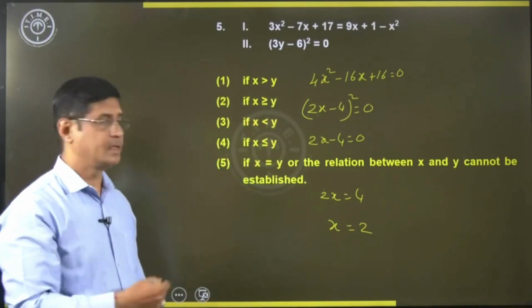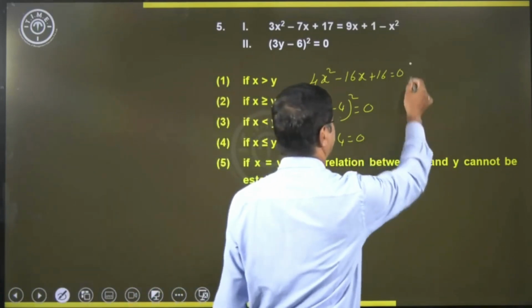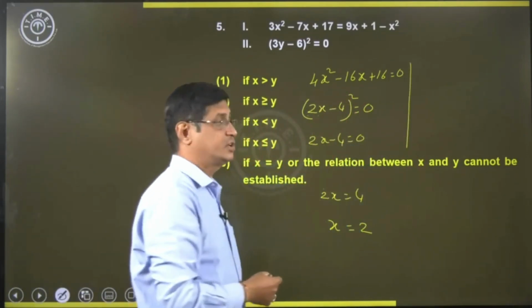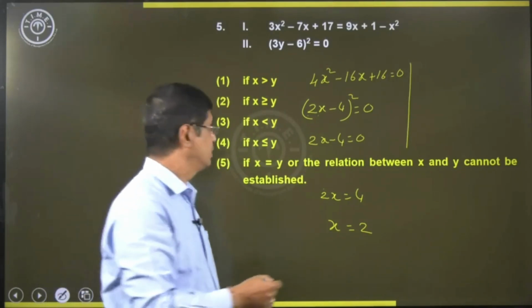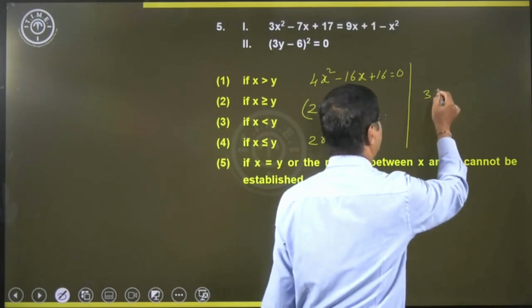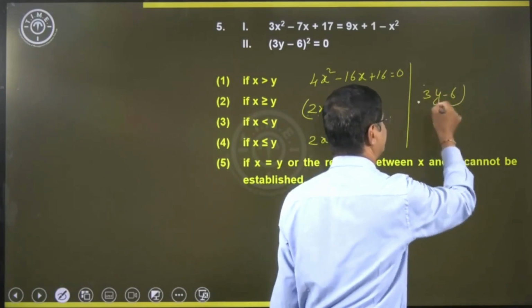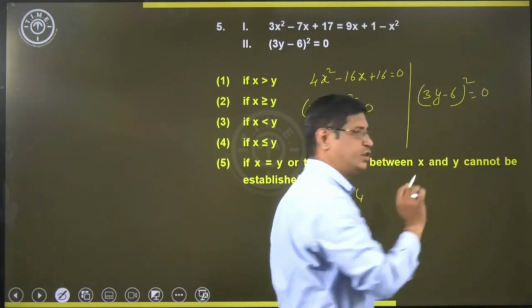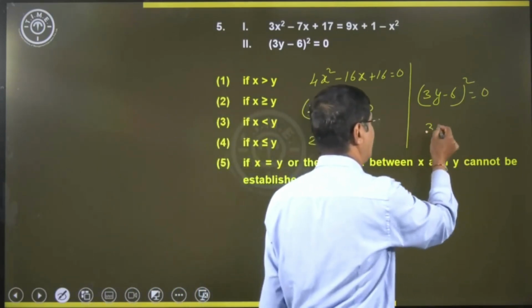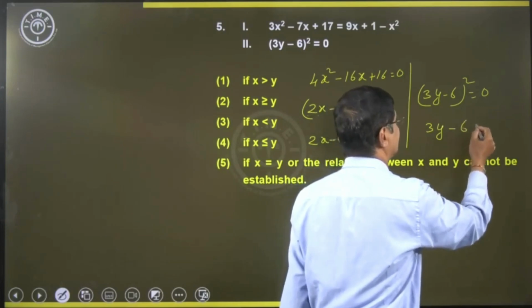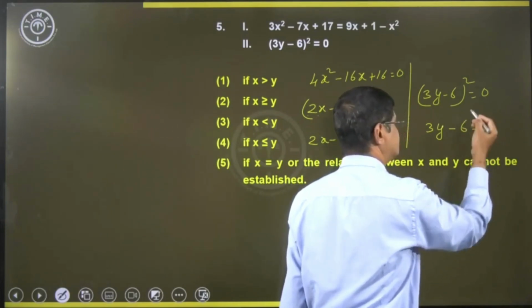Am I clear? Look at the second side, other side. Second quadratic equation, 3y minus 6 whole square is equal to 0. Now 3y minus 6 whole square is equal to 0, means only 0 square results 0. Here 3y minus 6 is equal to how much? 0.